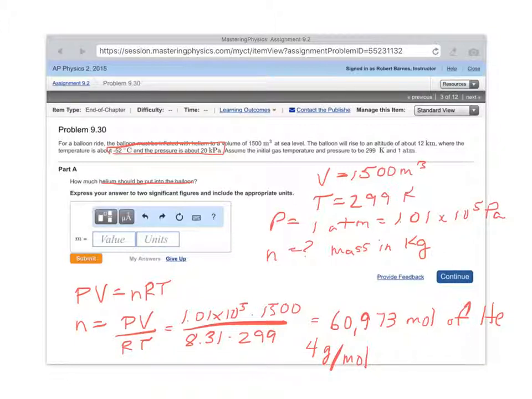Okay, so that would be 0.004 kilograms per mole. So if we want to know how many kilograms, we're going to have to multiply 60,973 times 0.004. And I get 244 kilograms of helium.